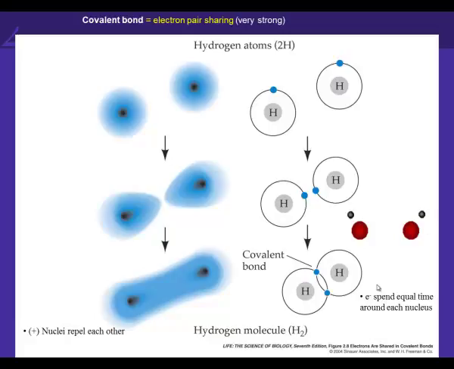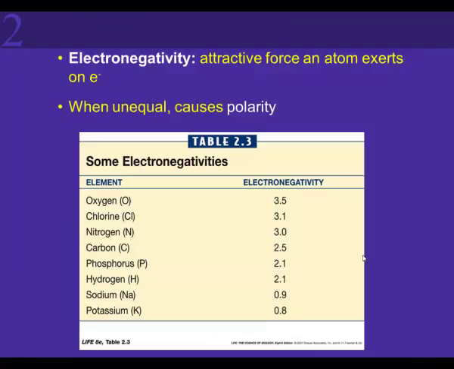Electrons then spend equal amounts of time around the nucleus. So covalent bonds do form between atoms of different types, and that can lead to unequal electron sharing. To understand this concept of unequal electron sharing, we first have to discuss electronegativity. Electronegativity is the attractive force an atom exerts on an electron.